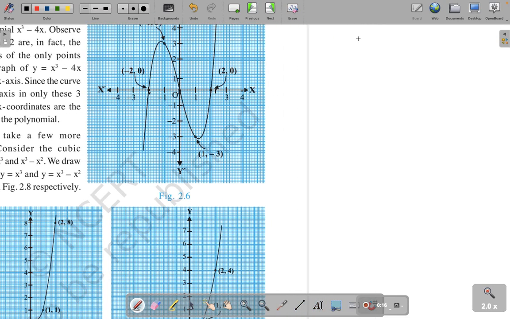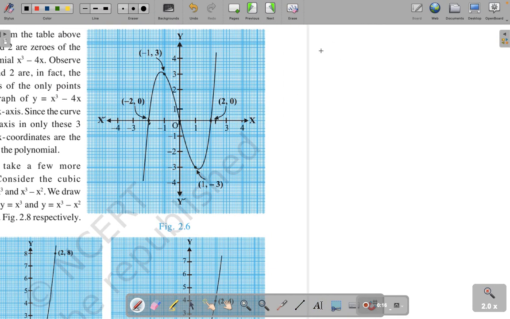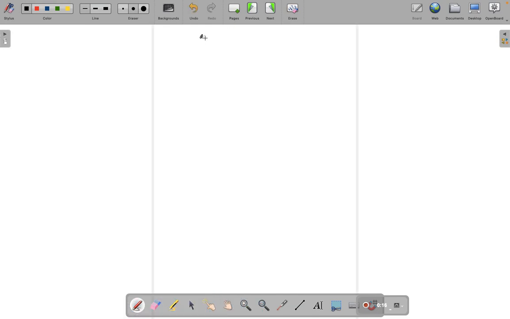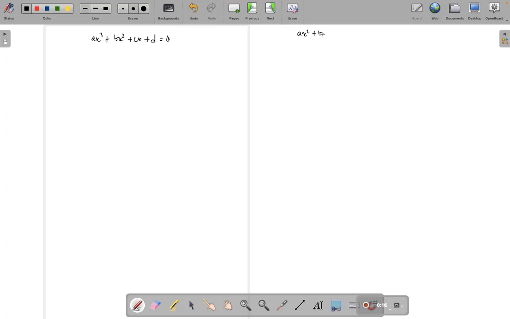Okay. So cubic equations you can write in the form of ax cube plus bx square plus cx plus d equals 0. So this is the cubic equation. Okay, let me do it for quadratic first. So quadratic equation ax square plus bx plus c.